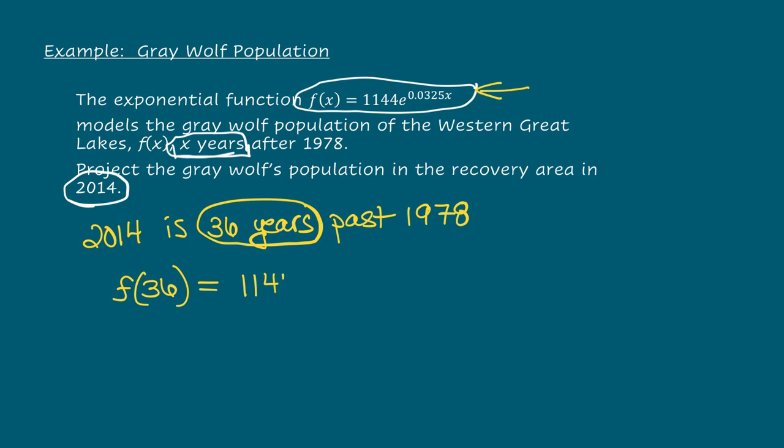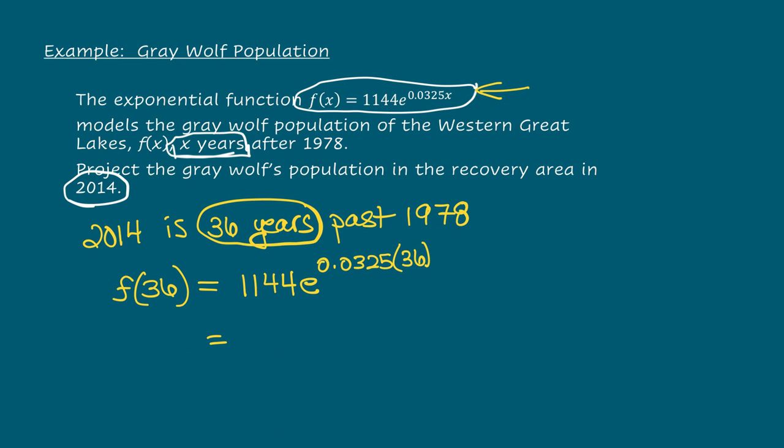We can just put e right back in there to the 0.0325, and then put 36 in where we see x. And then on our calculator, we need to find that e key and insert it and put the values in where we need to.